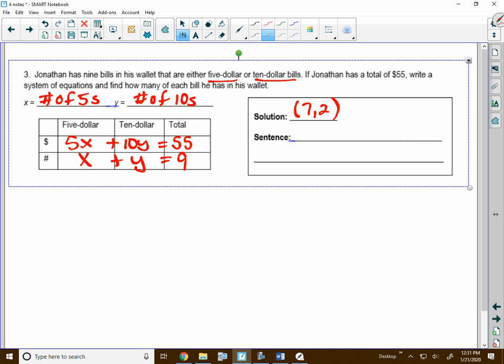Okay, you have a good one for me, Ocean? I said out of the 9 bills, 7 are $5. Good. I like the way that she said, out of the total 9 bills, 7 of the bills are $5 bills, 2 of the bills are $10 bills.